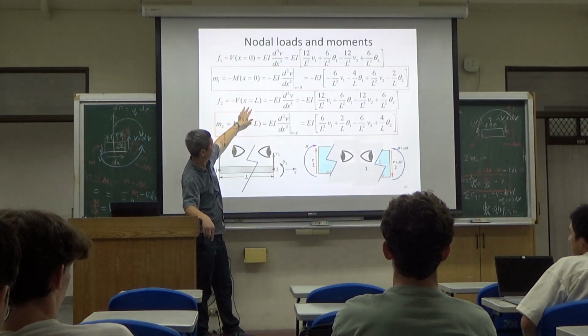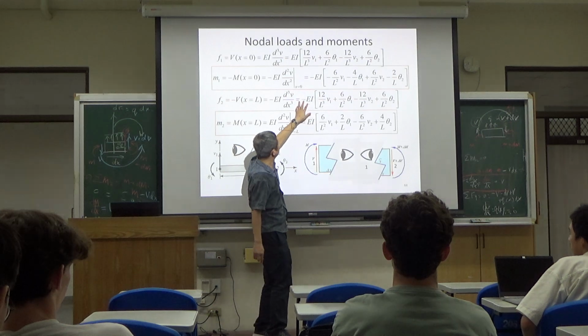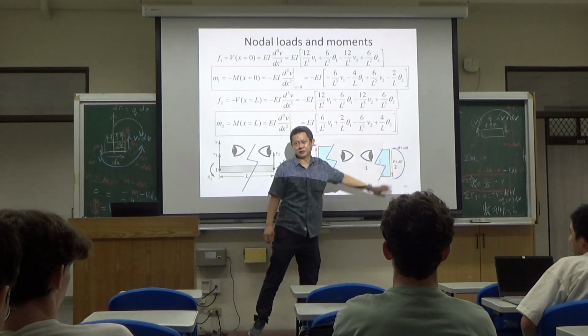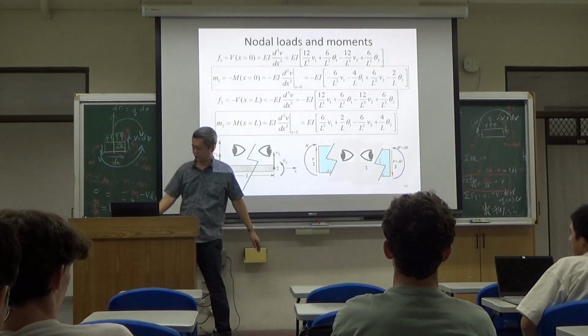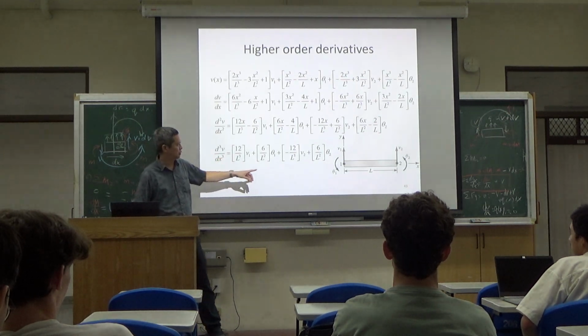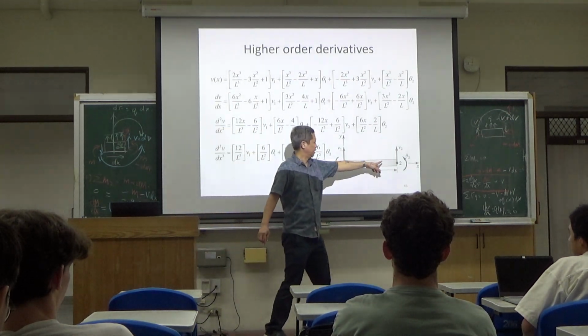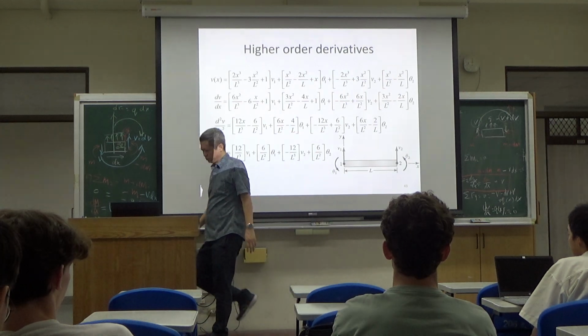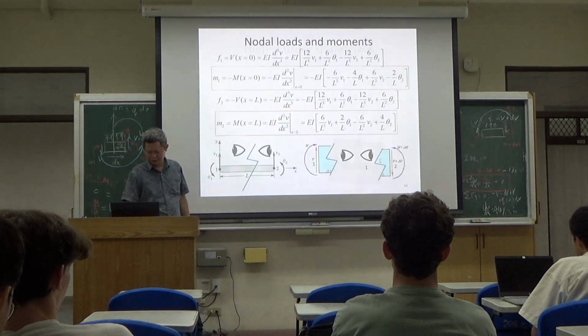So as a result, you're going to have these expressions. Again, the third order derivative will appear on the right hand side, which is going to be negative.